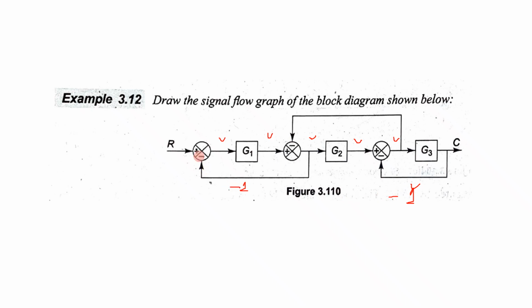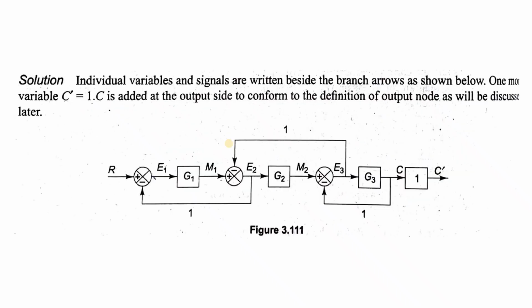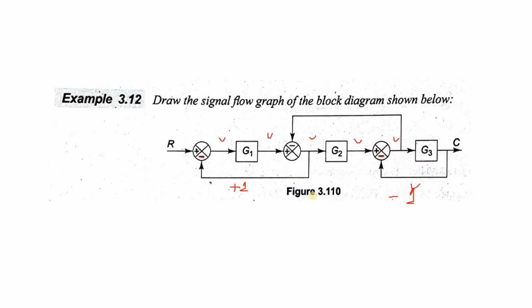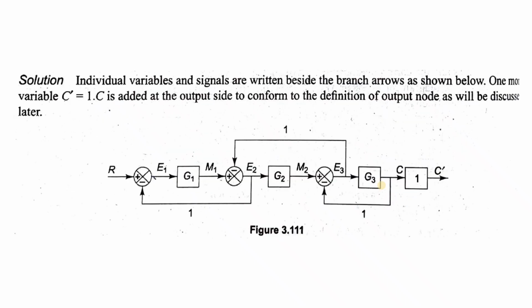This is 1 only, we can write here 1. We write -1 because it is minus, always remember. You can write 1 also, +1 also, -1, because when you draw the SFG, then you will represent -1.